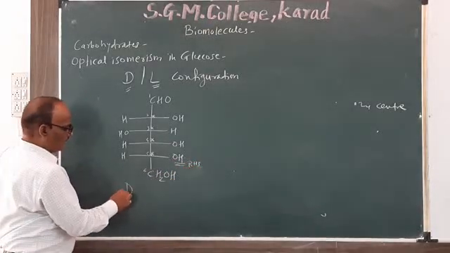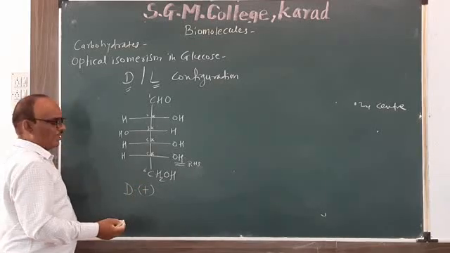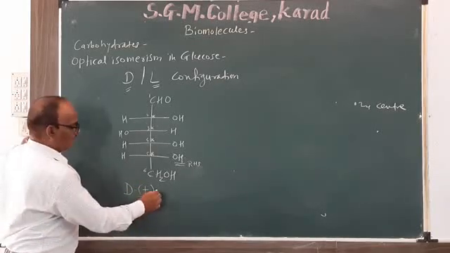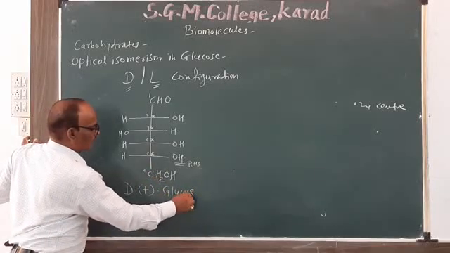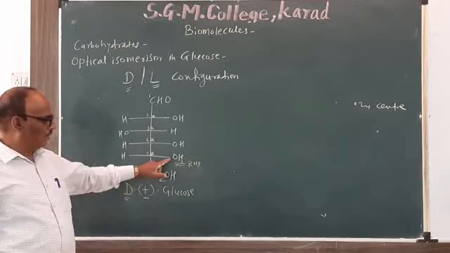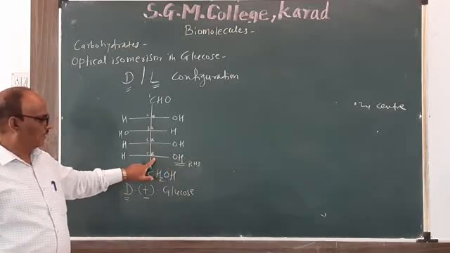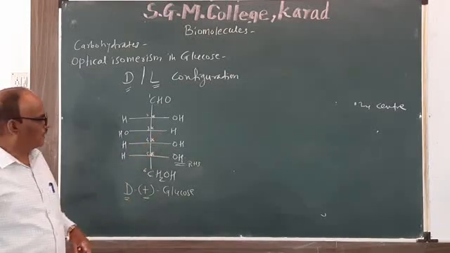Therefore it is a capital D. Glucose is dextrorotatory, therefore the symbol is plus, and this compound is called D plus glucose. The capital D means OH on RHS at the lowest chirality center. Plus means this compound is dextrorotatory.